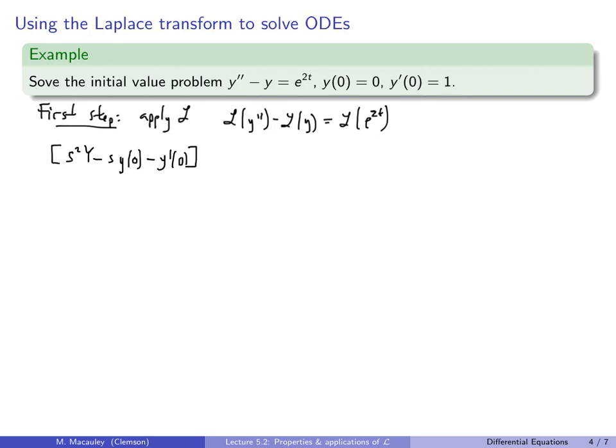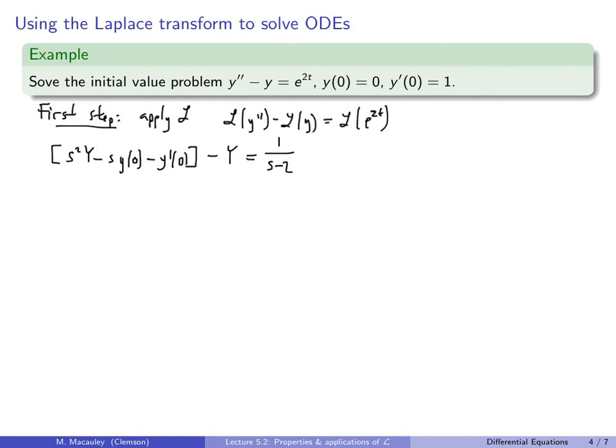The Laplace transform of just y is plain old capital Y. And then the Laplace transform of e to the 2t is just 1 over s minus 2.